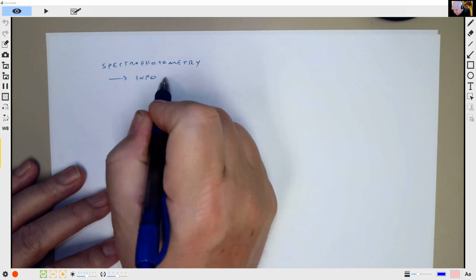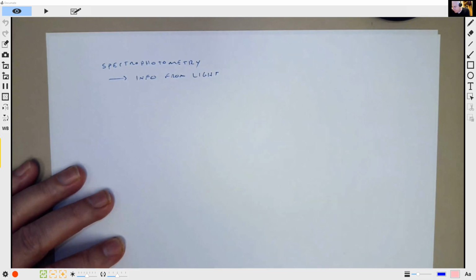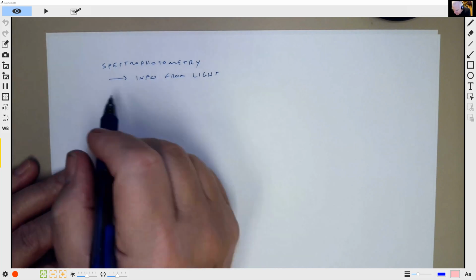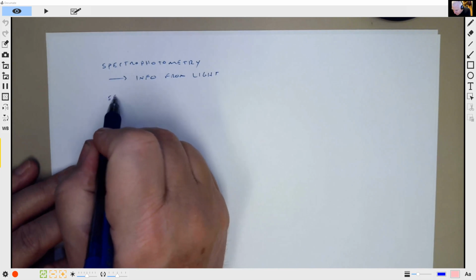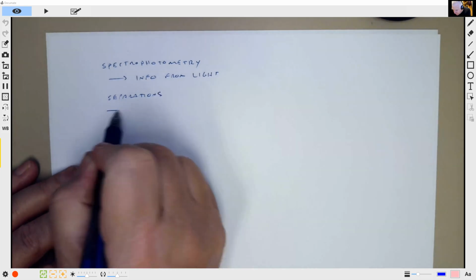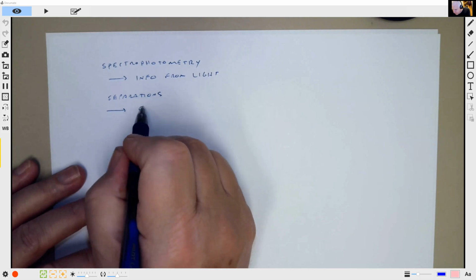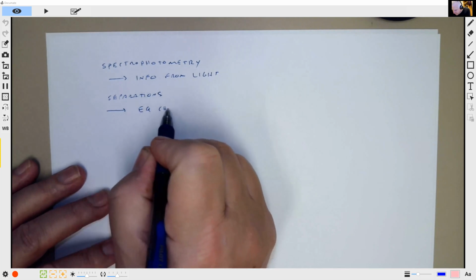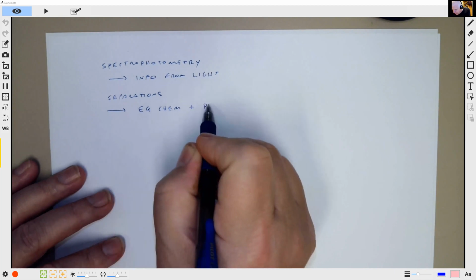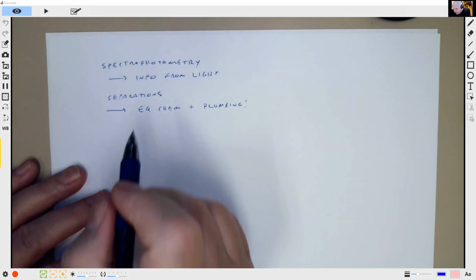So, info from light. And that's all good. Then we went into separations, right? Which is really using equilibrium chemistry to separate molecules. It's another equilibrium chem topic with plumbing.